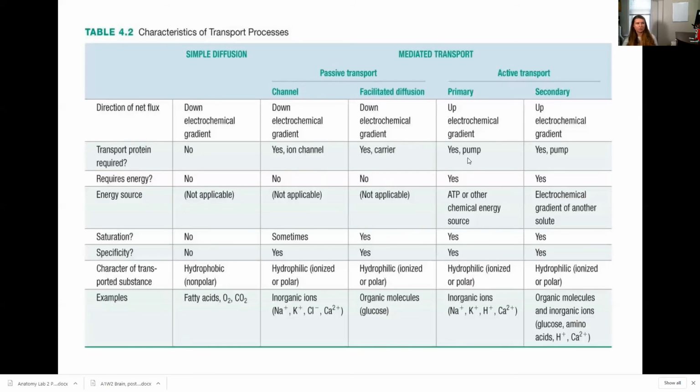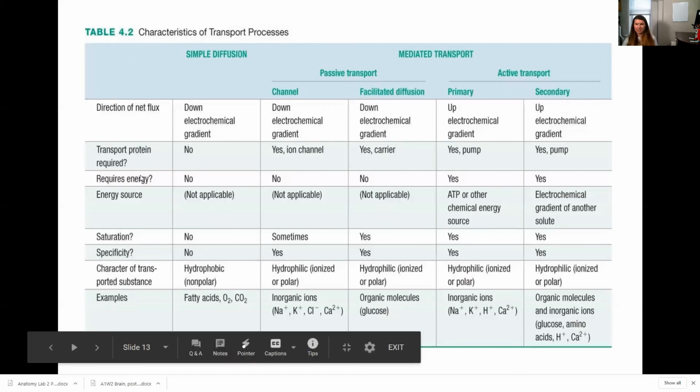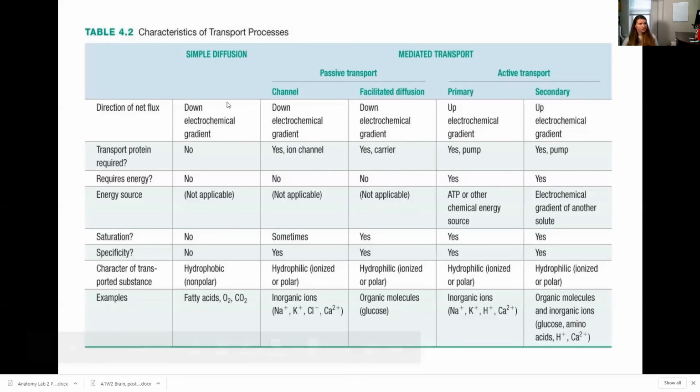For active transport, we have pumps, both for primary and secondary active transport. And so you can go through this table as you practice. I would maybe make yourself a table of this except blank and try and fill it out yourself for practice, because it can look a little intimidating, but you do know all these pieces of information. This is just kind of a centralized source.